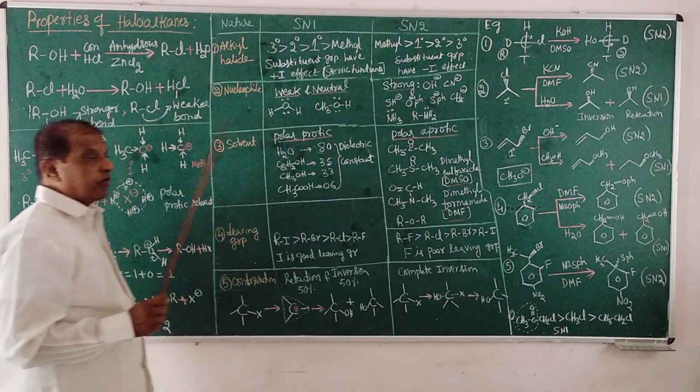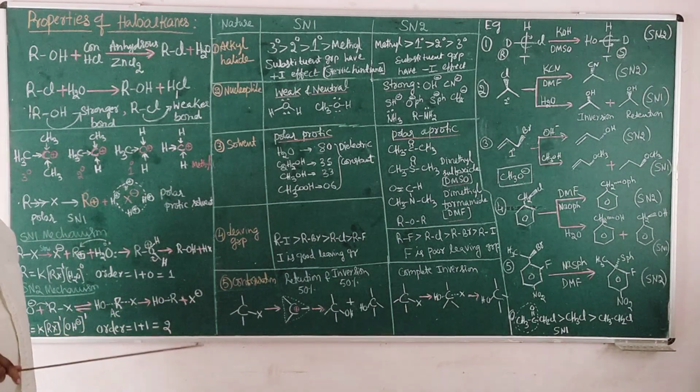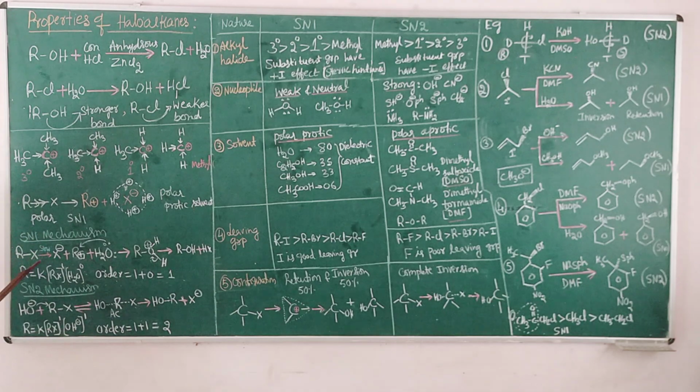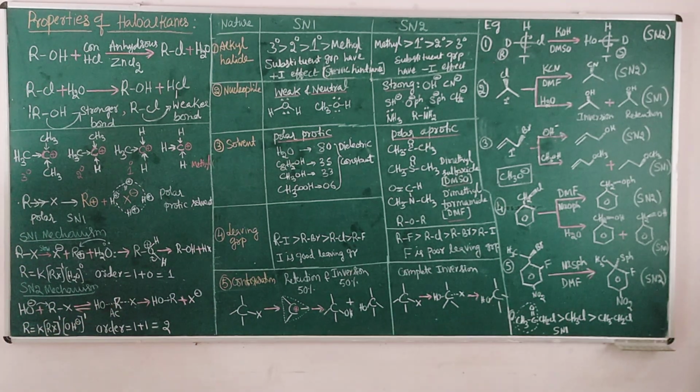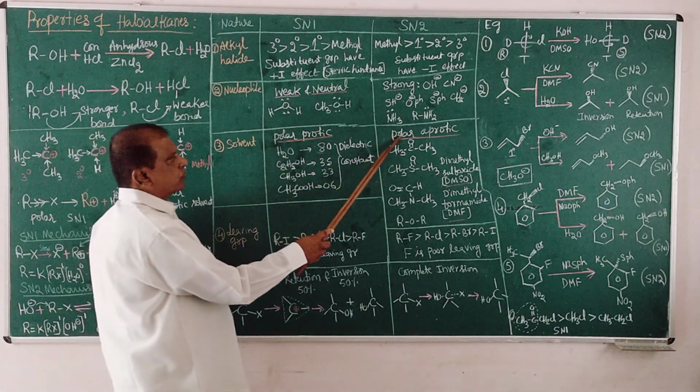The reason is that this chemical bond is polar, and a polar chemical bond is very easy to break only in the presence of a polar medium. A polar solvent will favor the breaking of the chemical bond, because in both cases the bond breaks, one way or the other. We need polar solvents.